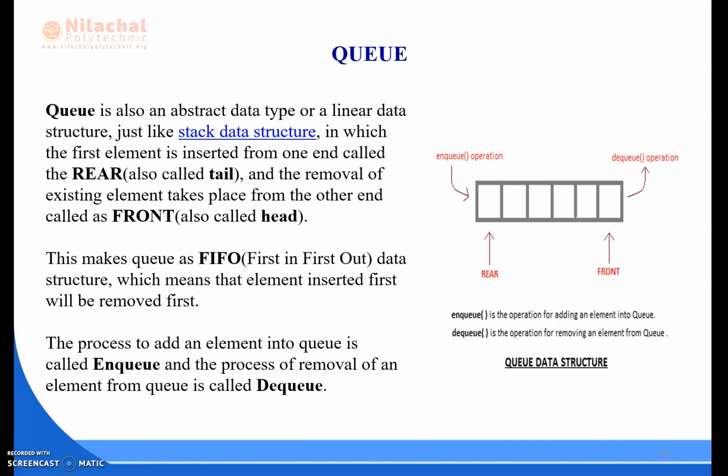So in this queue, the structure is first in, first out. The first data element inserted will be the first data element removed from the queue. This makes the working technique FIFO, that is first in, first out.